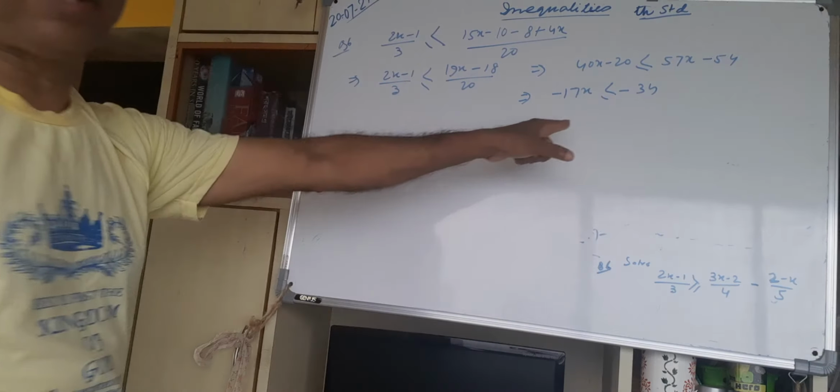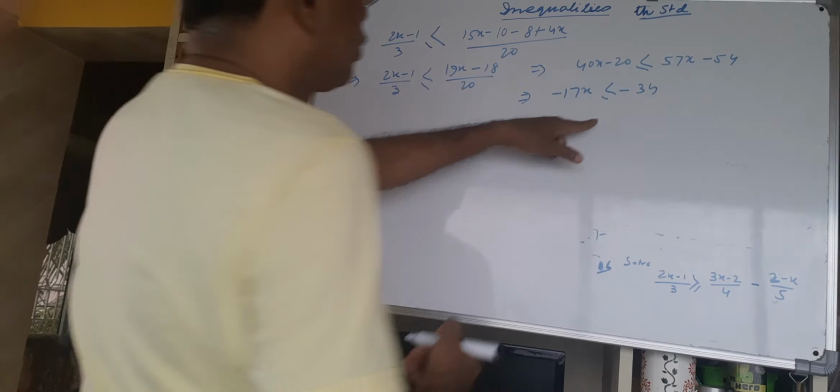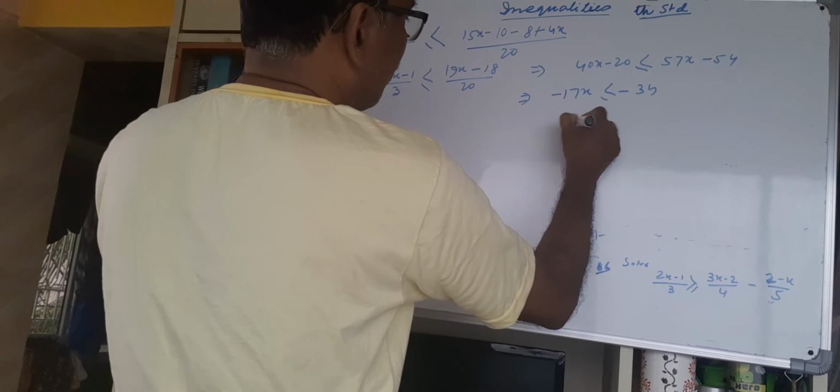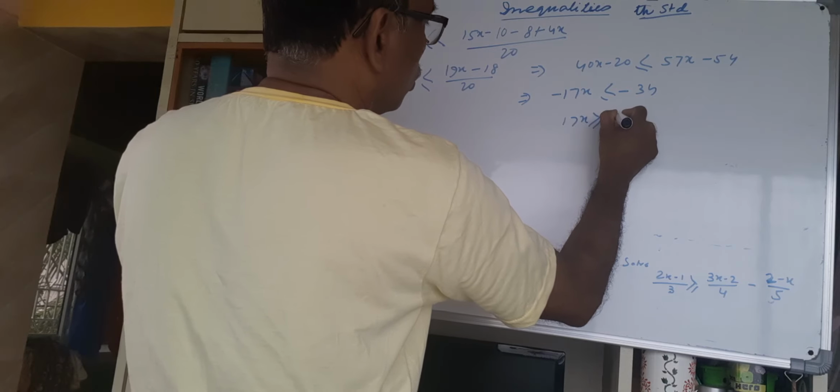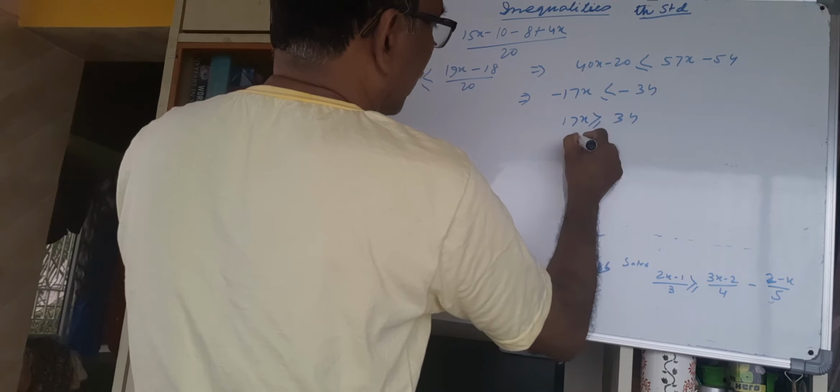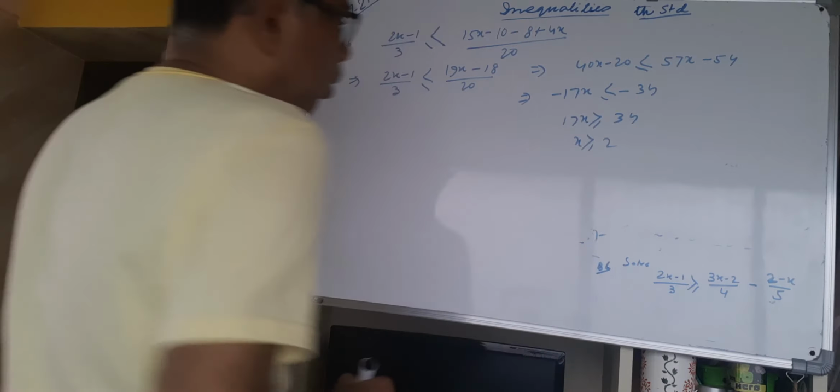If we multiply both sides by minus 1, less than will be greater than, that is 17x greater than equals to 34, that is x greater than equals to 2.